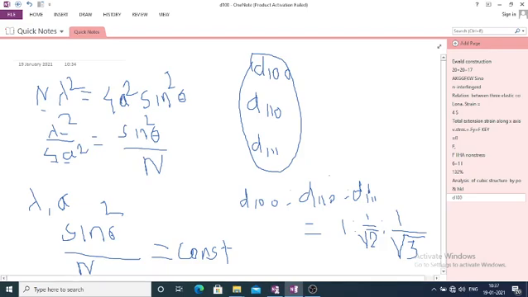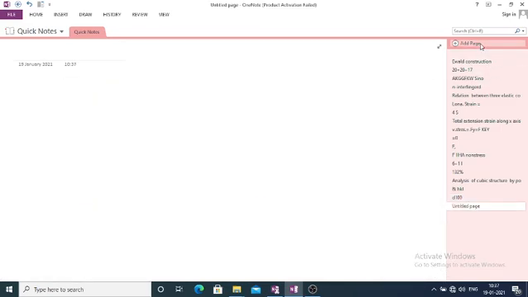This relation can be verified by taking some experimental data of the cubic structure. Suppose the wavelength of the X-ray lambda is 1.3 angstrom. Now the maximum of the reflected X-ray is obtained at angle theta 1, the first order, 19.2 degrees.